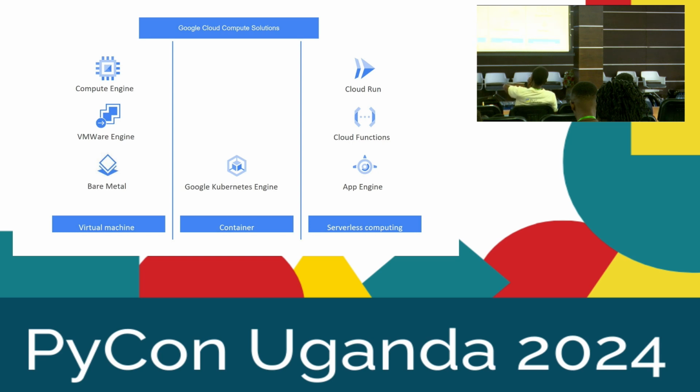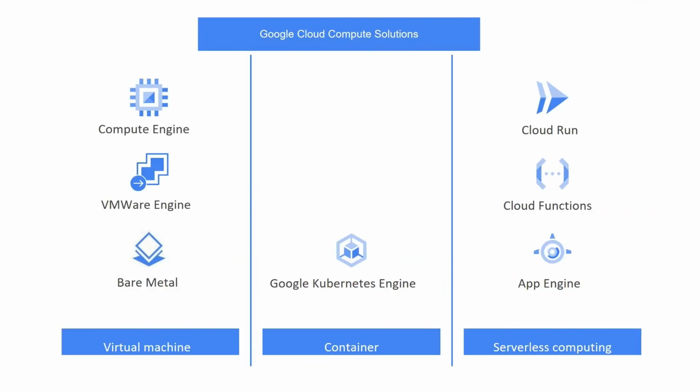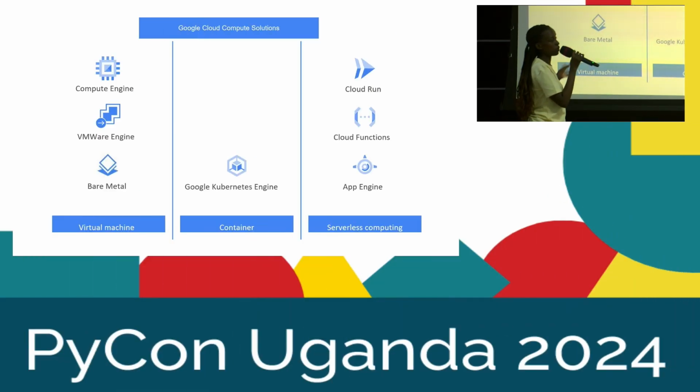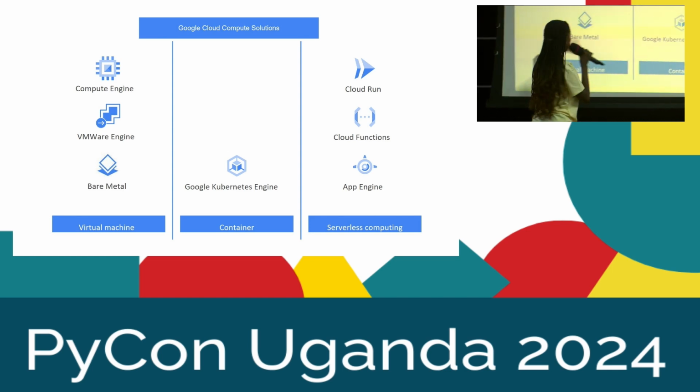So we have different ways of having these computers in our computer, using Compute Engine on the GCP platform, VMware, and bare metal. Now, this is for specialized workloads. For example, if you have your Oracle workload and you just want to move it to the cloud, you can use bare metal.